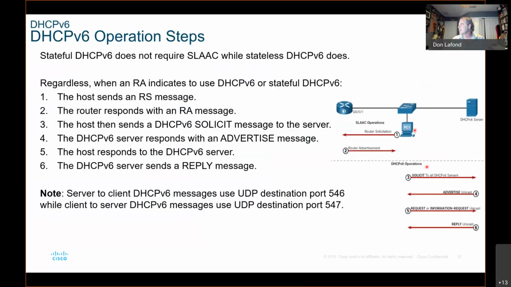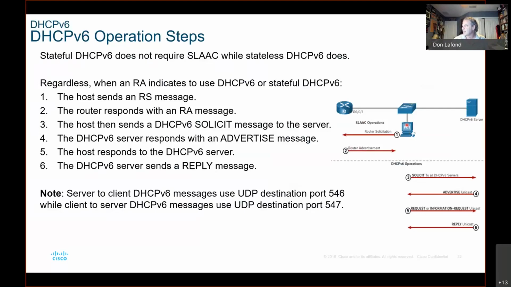So the PC reaches out to R1, and R1 comes back with the router advertisement with an M flag set. Then it says request information, request unicast. So 3, the PC reaches out to the server, and then 4, the server responds with an advertised unicast message to PC1 saying, here is what you need.